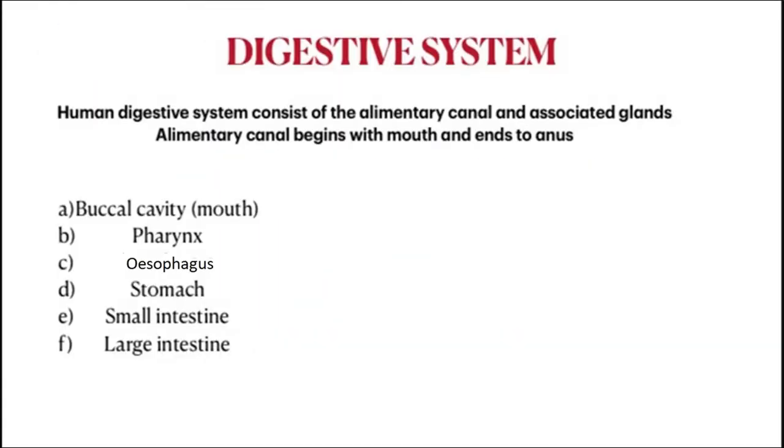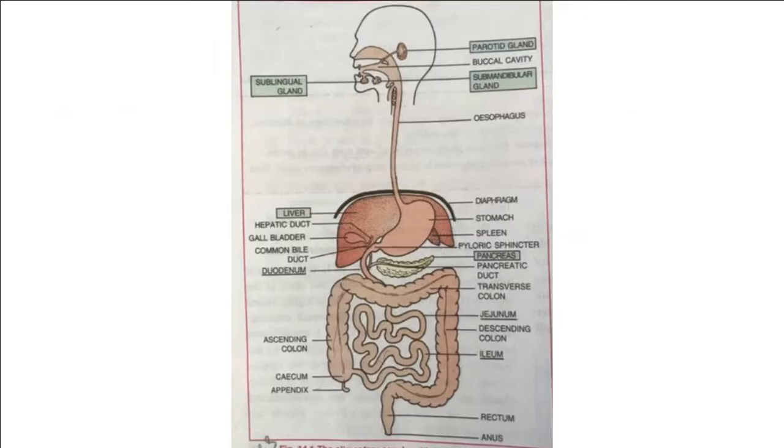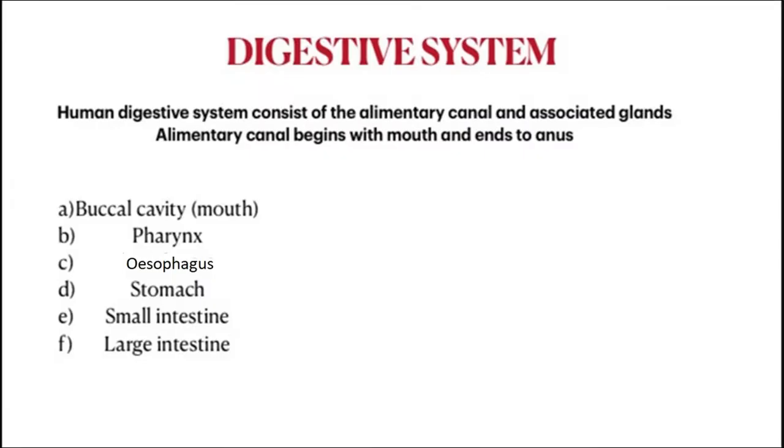Alimentary canal, here you can see in the diagram, it will start with the mouth and it will end at the anus. So the alimentary canal will begin with the mouth and end at the anus.